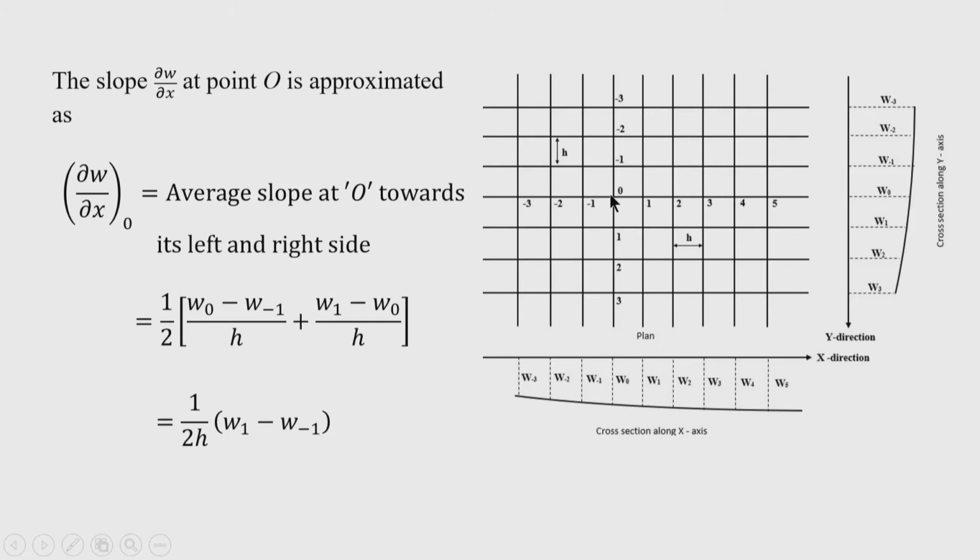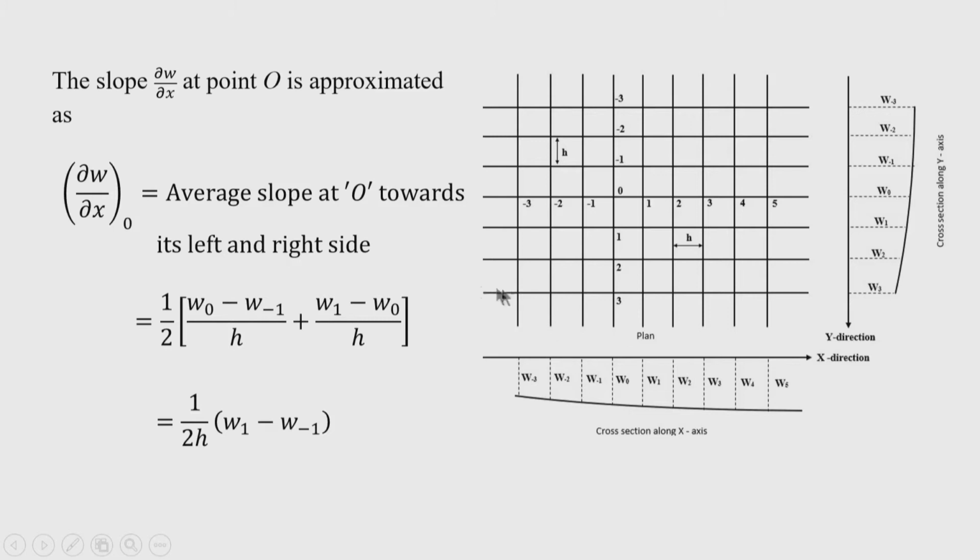Now, let us calculate the slope if we consider the displacement value on the right hand side, and the slope if we consider the displacement value on the left hand side. This is the displacement value on the right hand side, that is W 1 and W naught. The difference of W 1 and W naught divided by the distance gives the slope of the line from 0 to 1.